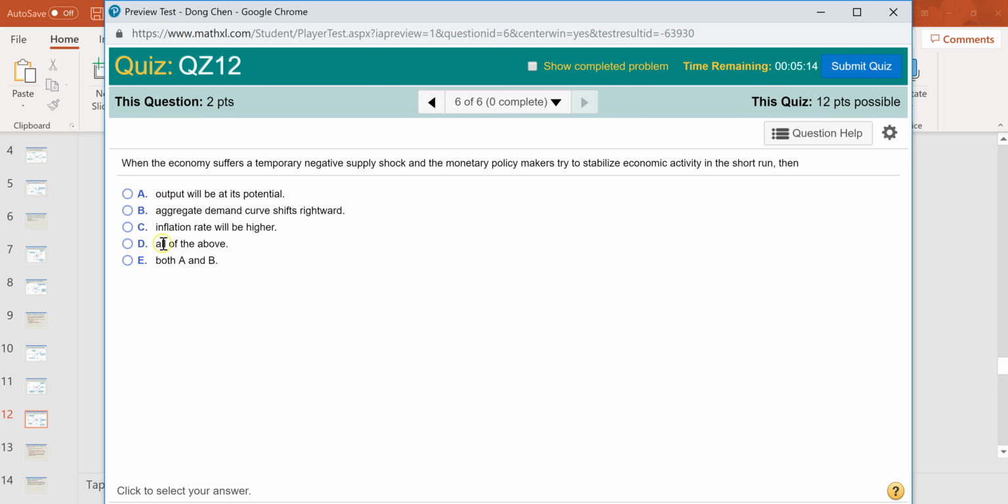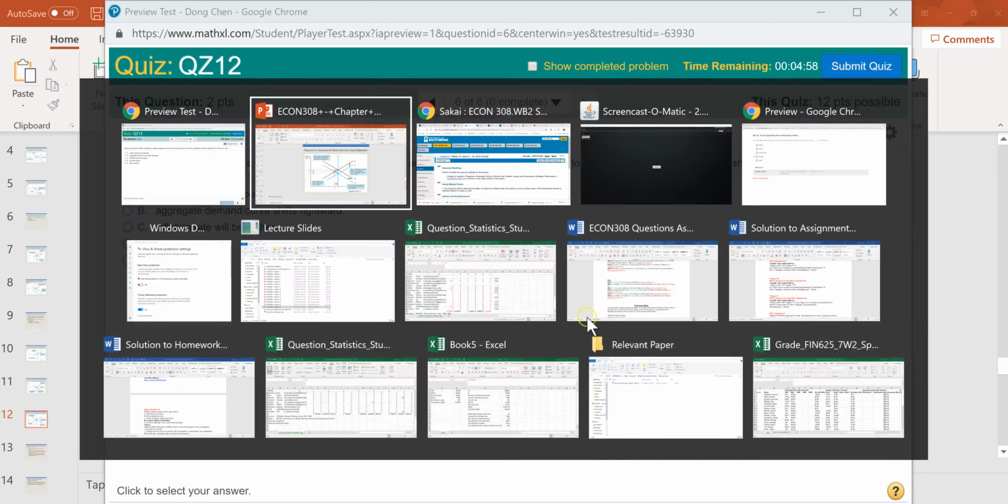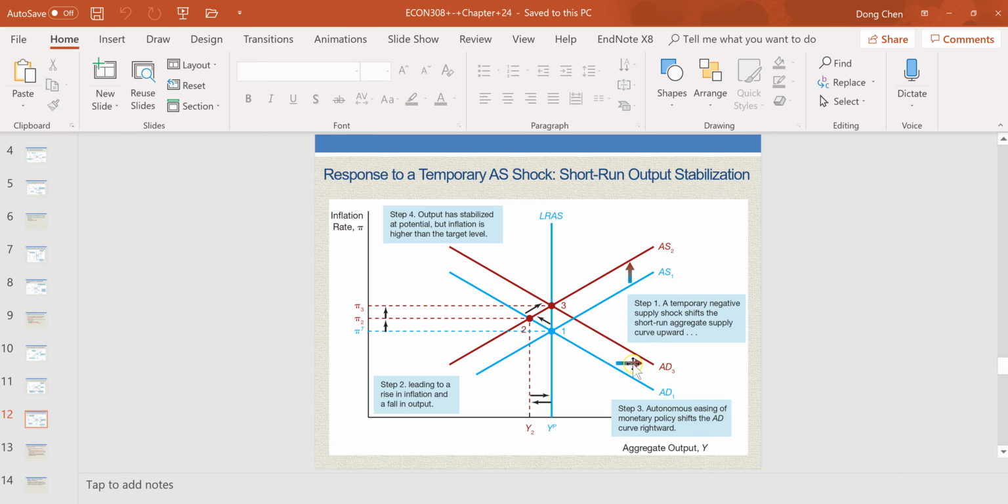But we shouldn't stop here, because there's choice D, all of the above, which means that potentially the other choices can also be correct. So let's continue to check B and C. B, aggregate demand curve shifts rightward. I think that's also right, because when the monetary policy is eased, the AD curve will shift to the right.